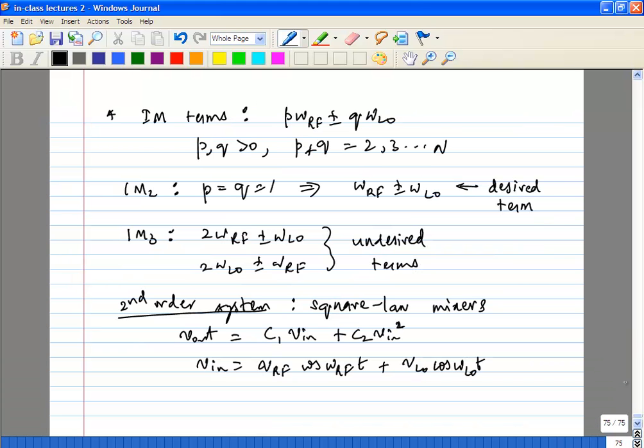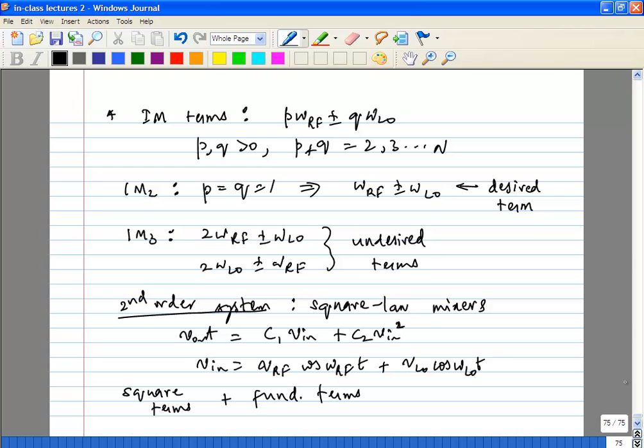So first of all, what you get is square terms from the second component and fundamental terms. The fundamental terms are nothing but C1 times Vn, which is Vrf cos omega RF t plus VLO cos omega LO t.